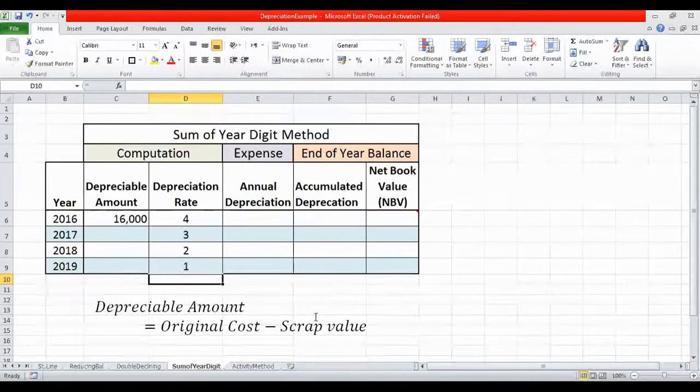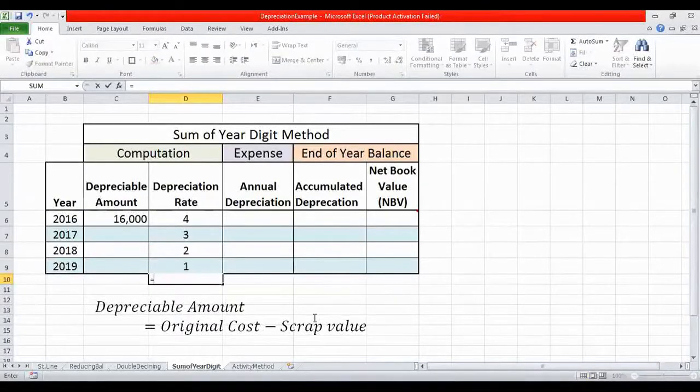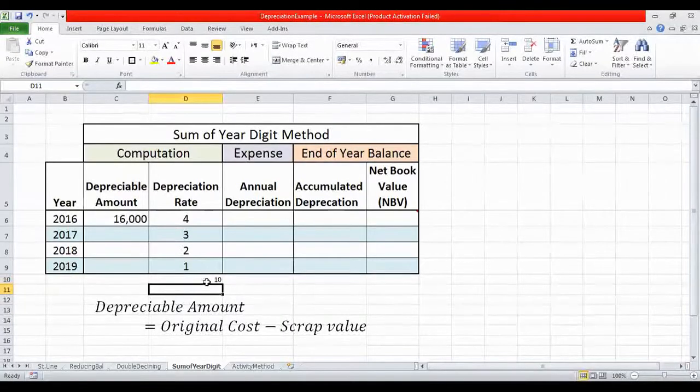So in sum of year digit method, what we are going to do is add up all these values. The sum of all these values is going to give us 10.